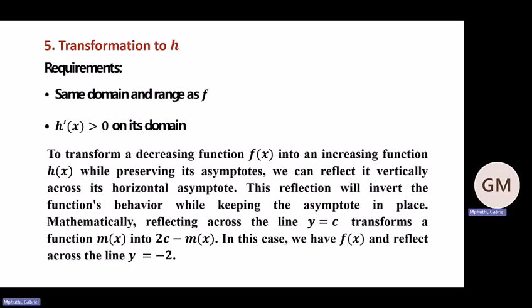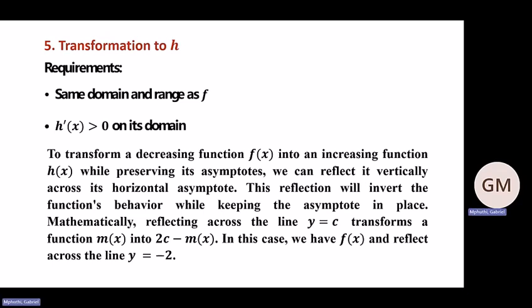To transform a decreasing function f of x into an increasing function h of x, while preserving its asymptotes, we can reflect it vertically across its horizontal asymptote. This reflection will invert the function's behavior while keeping the asymptote in place.